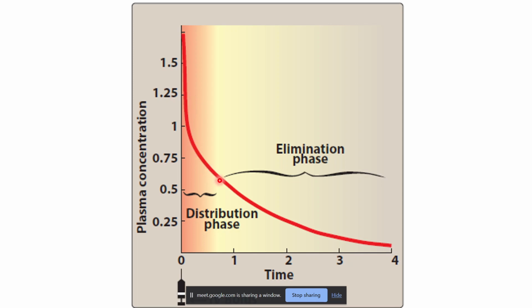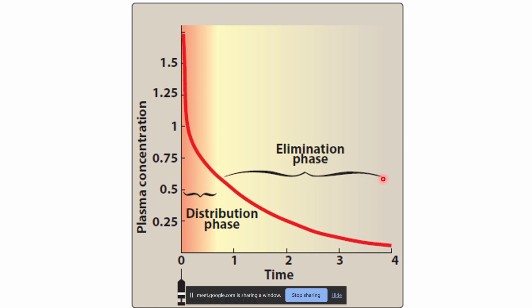The higher the volume of distribution, the lower the concentration will be here, so it will drop more.